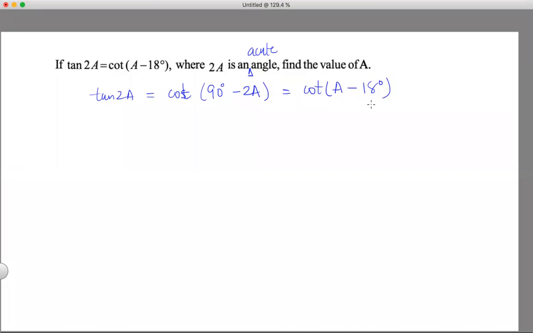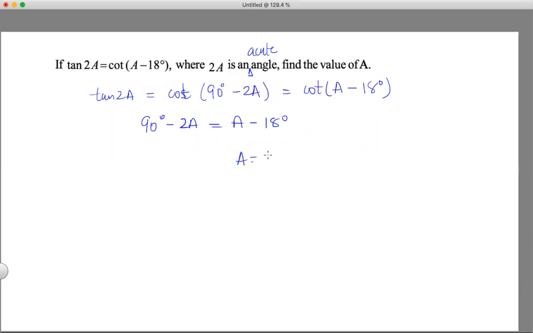Okay, so these two angles are equal. So we will get a linear equation of this form. Okay, solving that will be 3a is equal to 108 and a is equal to 36 degrees.